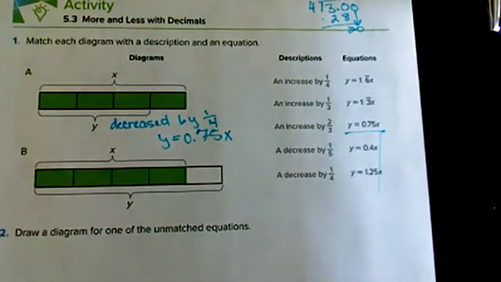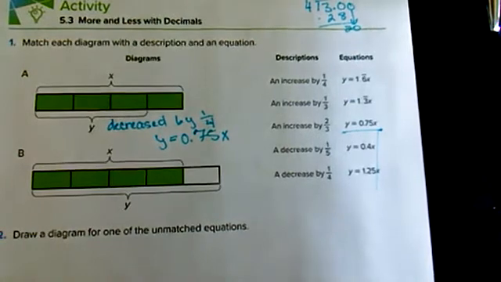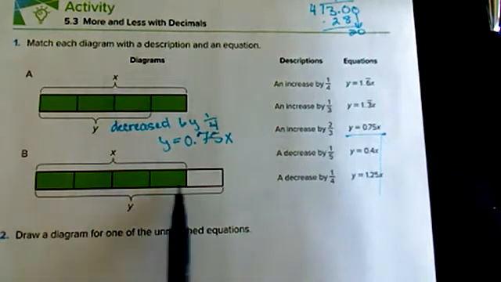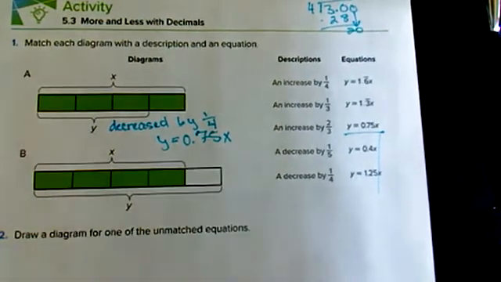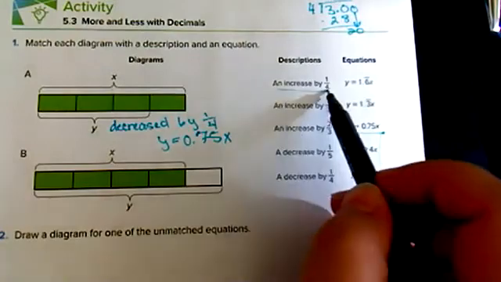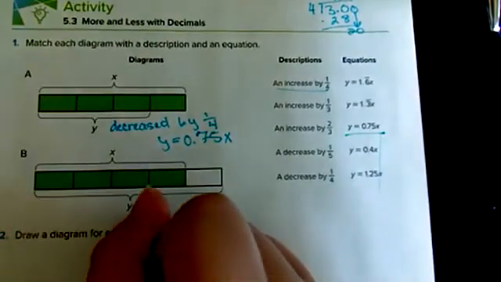So this one looks like it would be more on the increase end. And what do we think it's being increased by? So we have 4/4 here for x. How many fourths are we adding? Yeah, we added 1/4. So we're going to be increasing by 1/4.